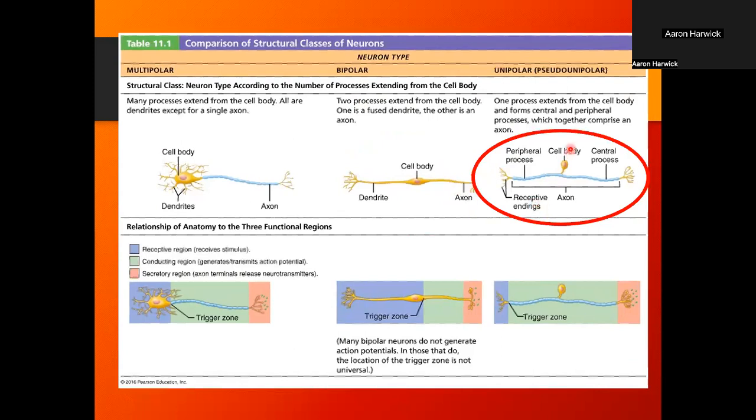Unipolar is the cell body right here, and there's only one branch off, and this is the axon terminal. So it's a single branch off. That's really just the main difference between the structural classifications. How many branches off are there from the cell body? And of course, they're associated with different types of nerves within the body at different locations. So make sure you know that.